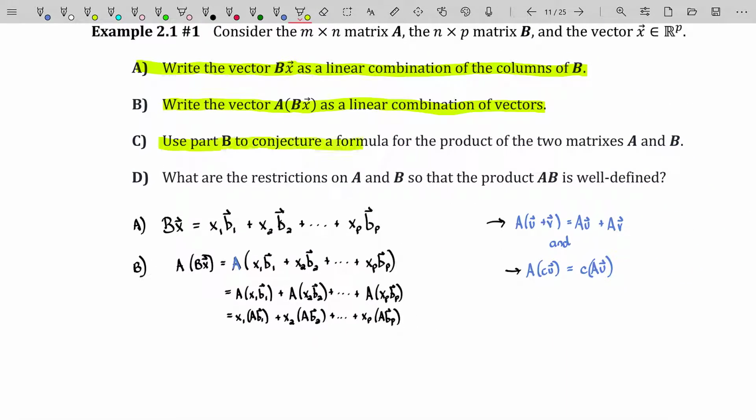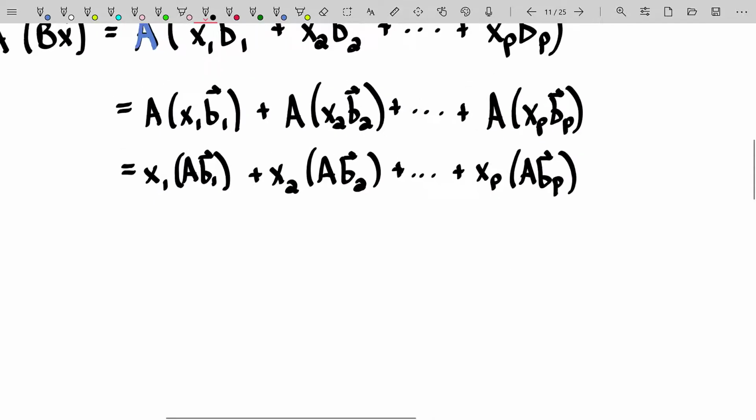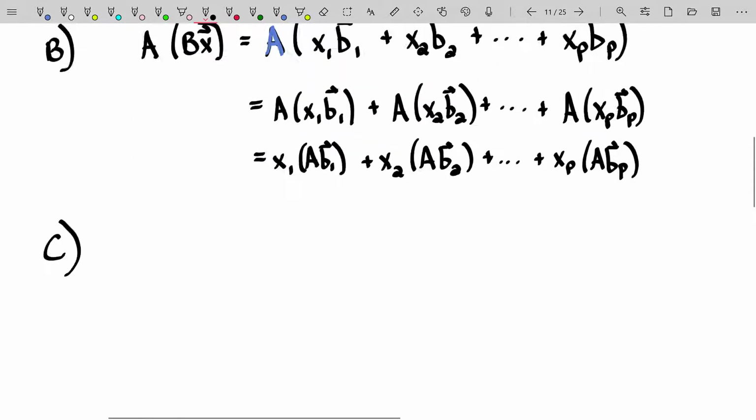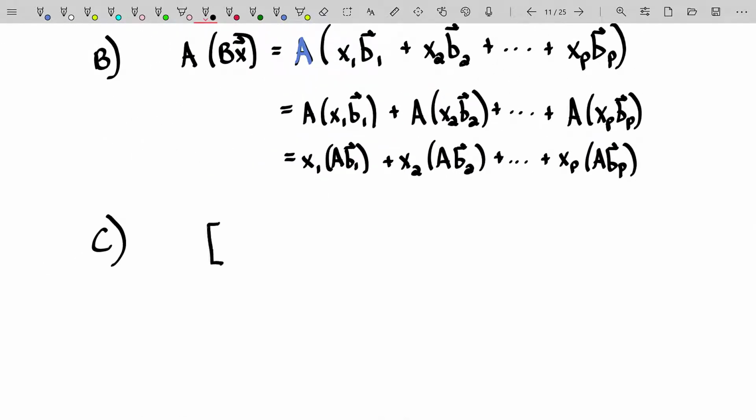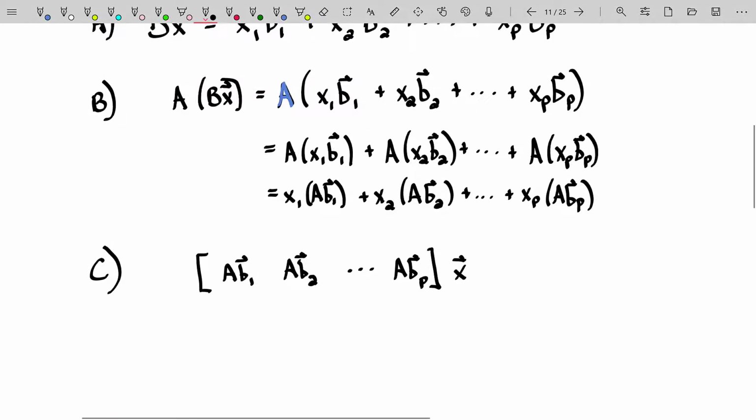Use part B to conjecture a formula for the product of two matrices A and B. If you just realize that that's a linear combination of the columns of a matrix, we could write this as the matrix with columns Ab sub 1, Ab sub 2, all the way to Ab sub p, times the vector X. This is from our previous knowledge of linear combinations of vectors being written as a matrix times a vector with the weights of those linear combinations as its entries.